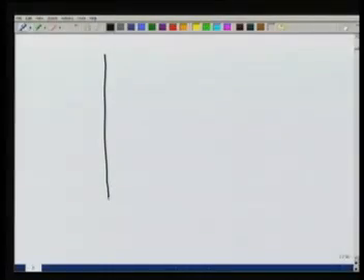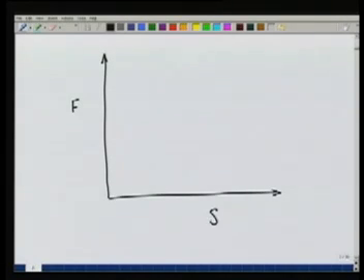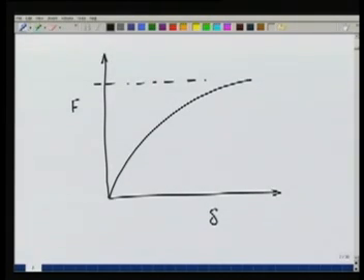So let us reinitiate the discussion here. Here is my F, here is my delta, here is my nonlinear solution corresponding to a particular level of the load.